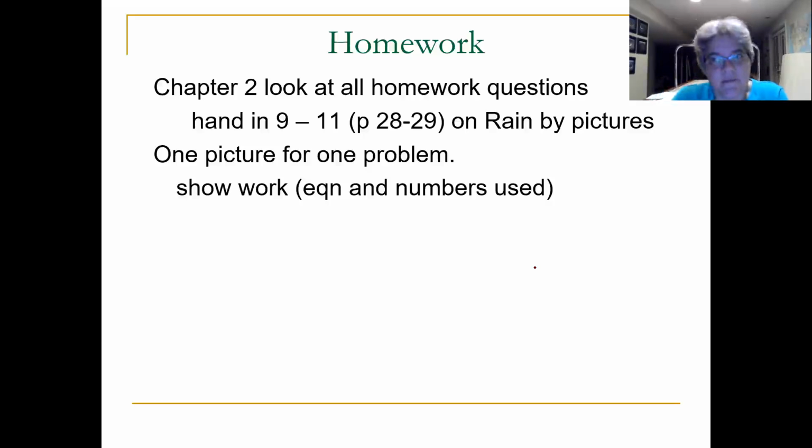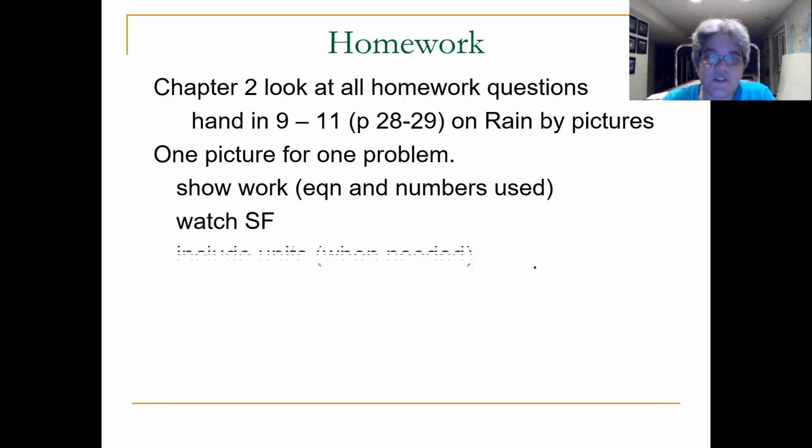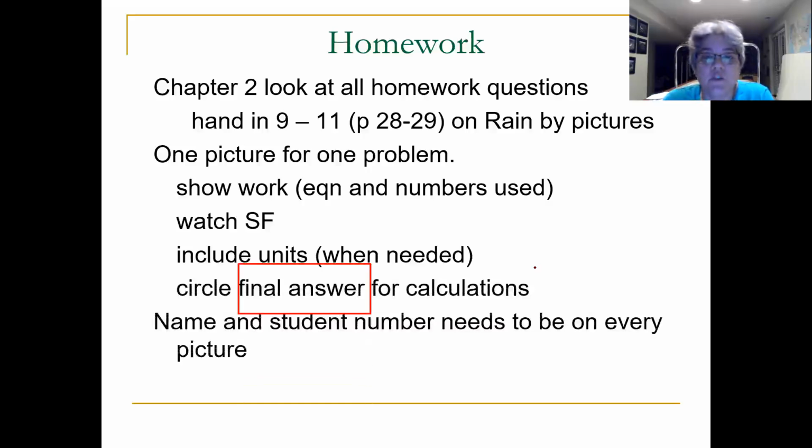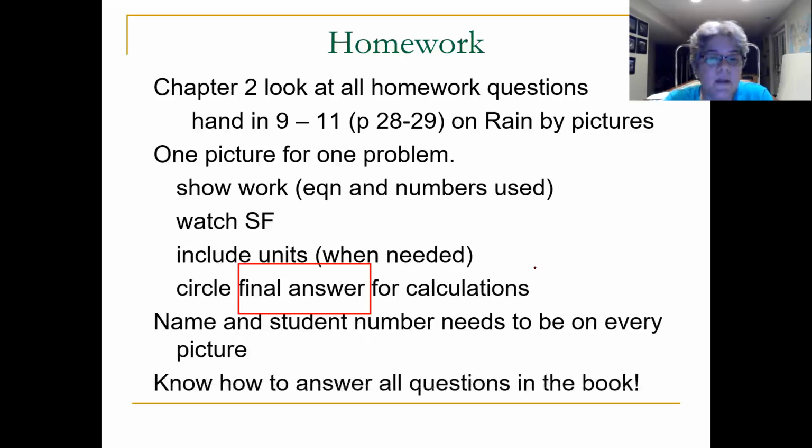And again, this is probably the last time I'm going to say this, but make sure you show me your work, you watch your significant figures, you include units if you need them. You should always circle your final answer so that I clearly know this is your final answer. Make sure your name and student number is on every picture.